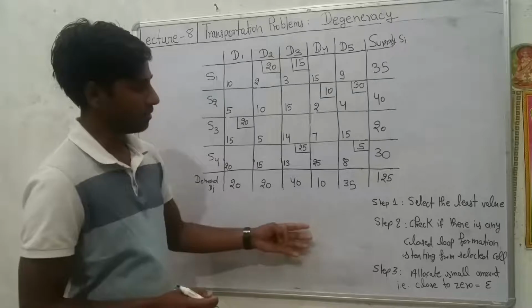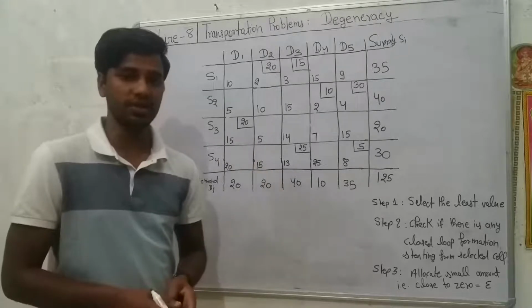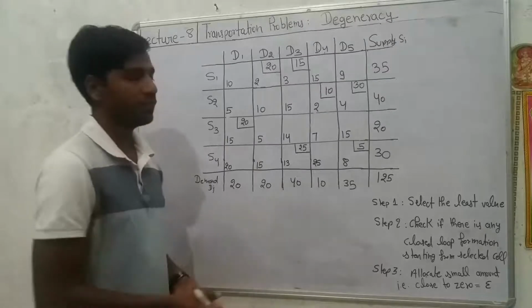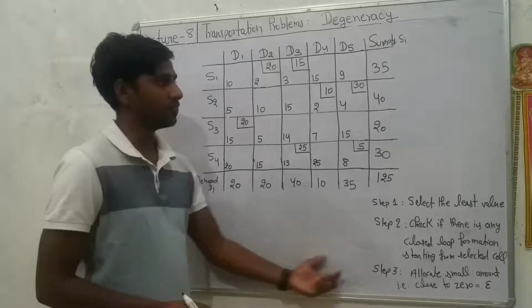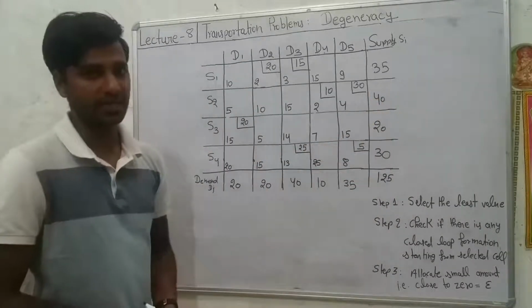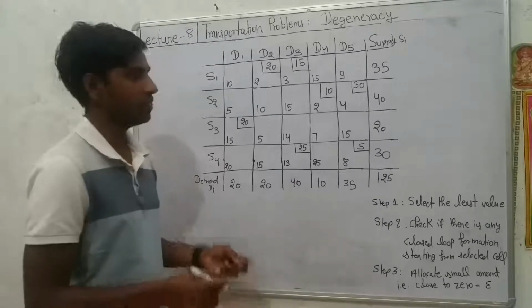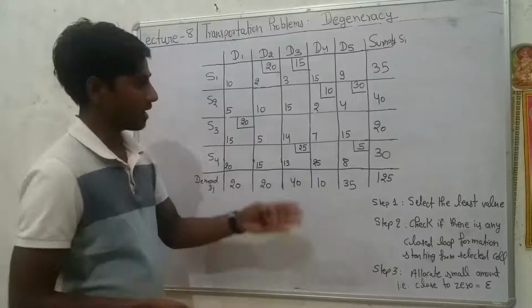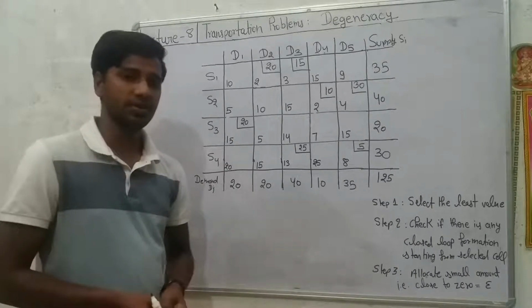So it would make the stepping stone method inoperative in this condition. Similarly, in the modified distribution method, we won't be able to calculate the values for the U and V indexes. So again we would not be able to test the optimality of the problem.